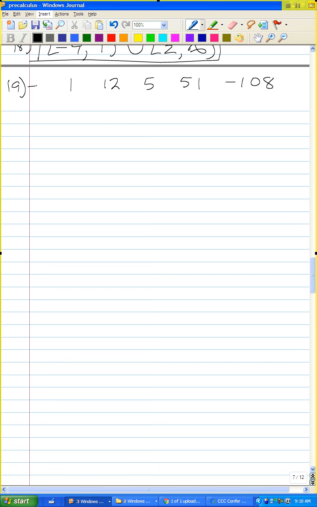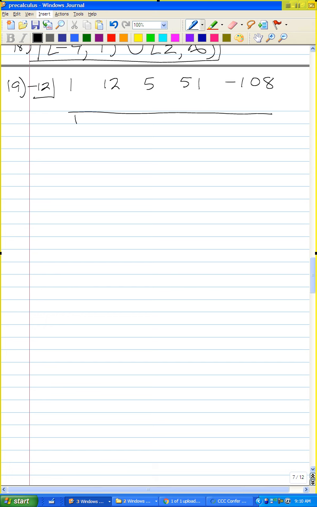The root is negative 12. Let's see, degrees 4, 3, 2, 1, 0. Yep, they have every term. So now let's check if it's a root, and just use synthetic division.